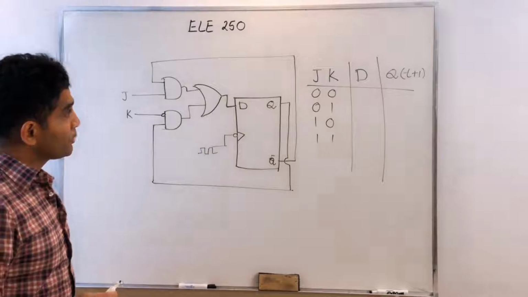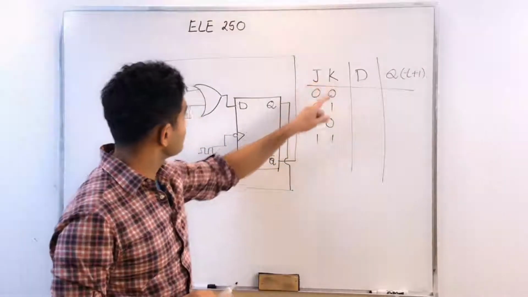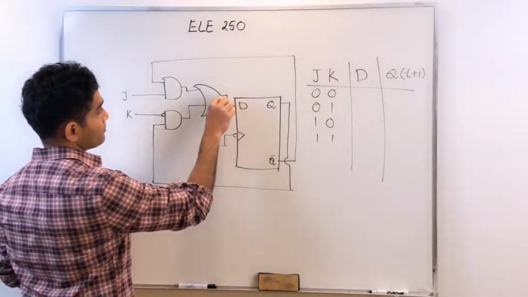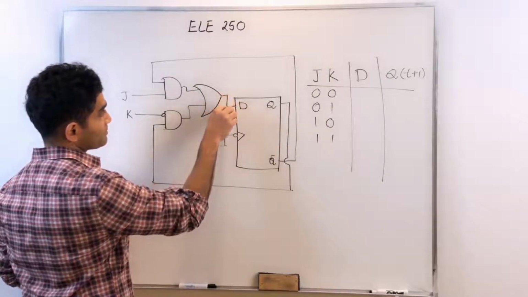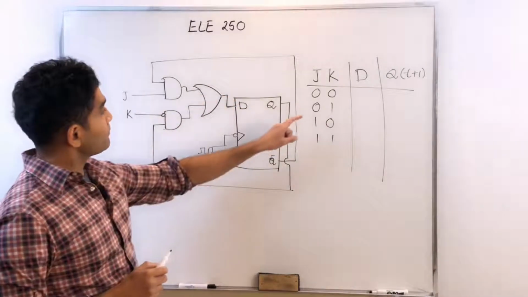Now, because D depends on J and K, because D is nothing but the output of this gate, what is D anyway?